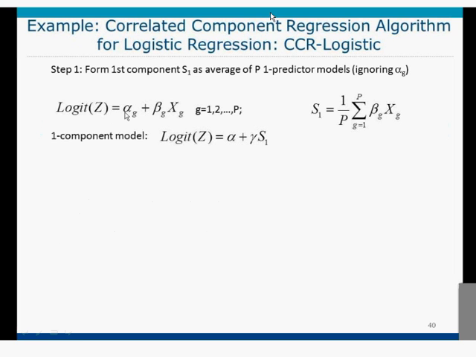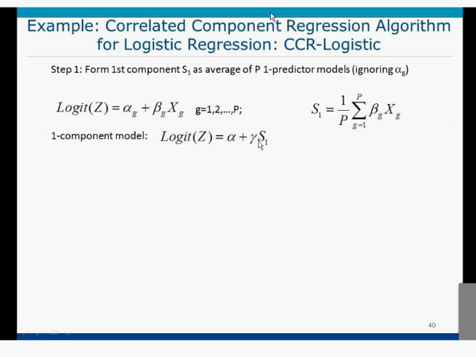Now, the first step in CCR applied to a logistic model or linear discriminant model is to form component S1, and it's formed exactly the same as before. Namely, you look at one predictor at a time, you compute this log odds ratio coefficient, beta sub g, and you use that beta sub g to weight xg, and take an average over all of them to get S1.